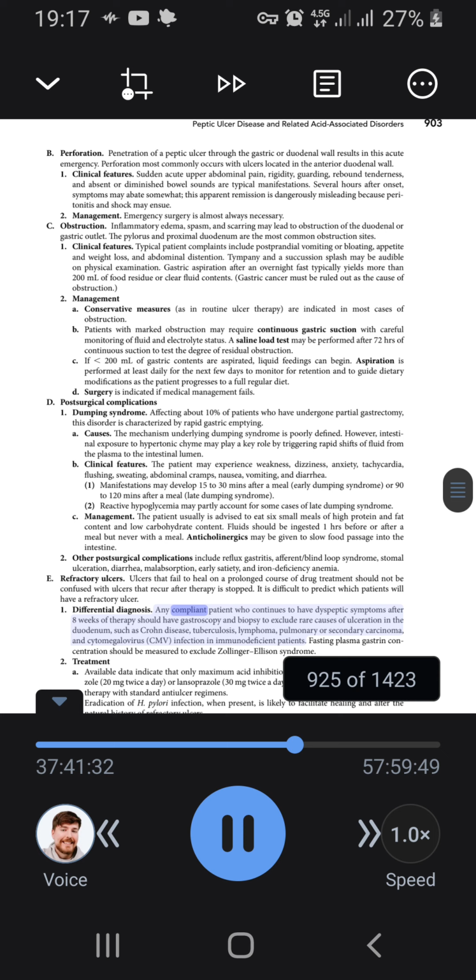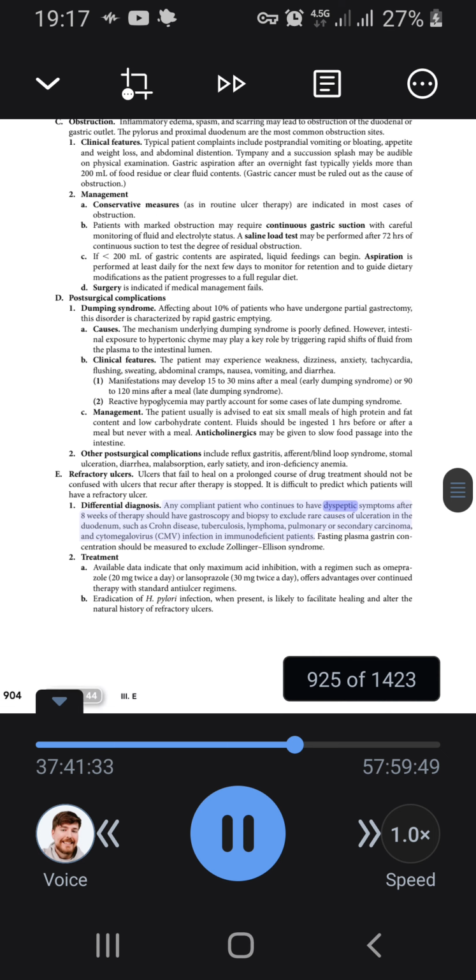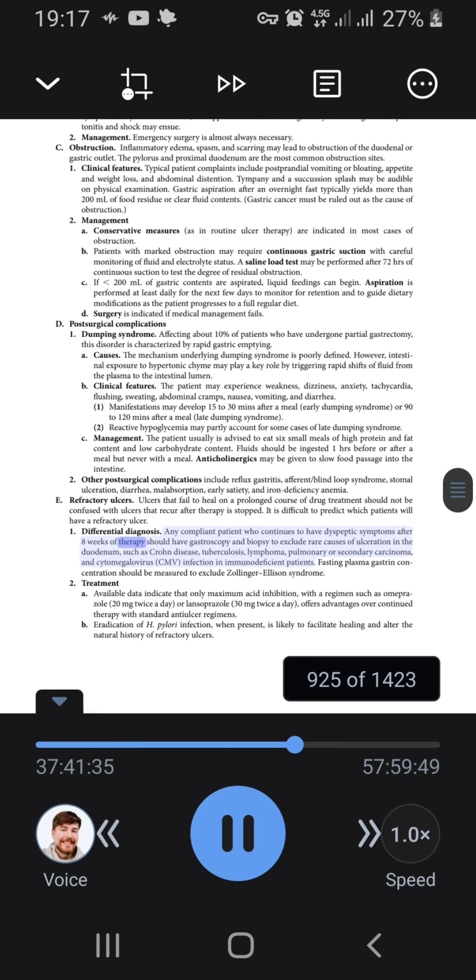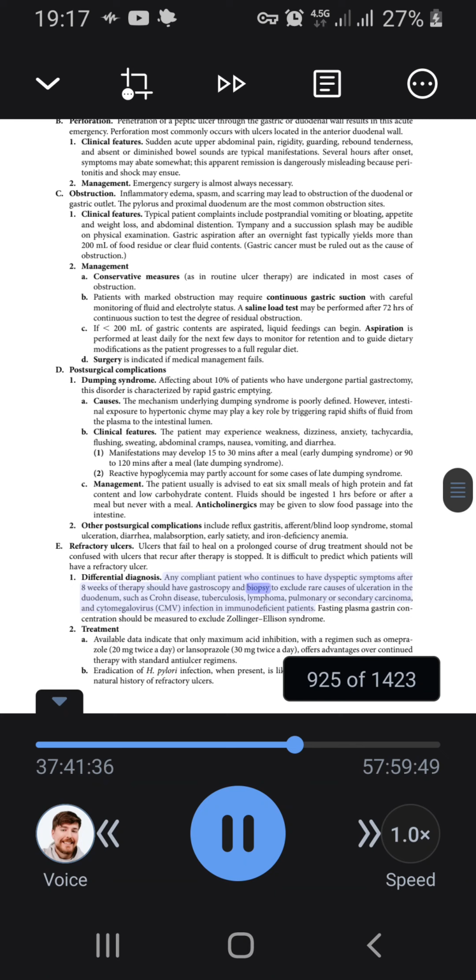Any compliant patient who continues to have dyspeptic symptoms after 8 weeks of therapy should have gastroscopy and biopsy to exclude rare causes of ulceration in the duodenum, such as Crohn's disease, tuberculosis, lymphoma, primary or secondary carcinoma, and cytomegalovirus (CMV) infection in immunodeficient patients. Fasting plasma gastrin concentration should be measured to exclude Zollinger-Ellison syndrome.